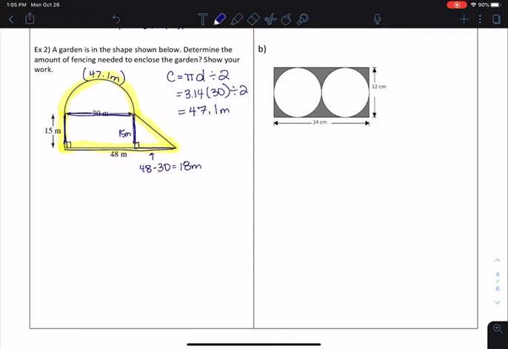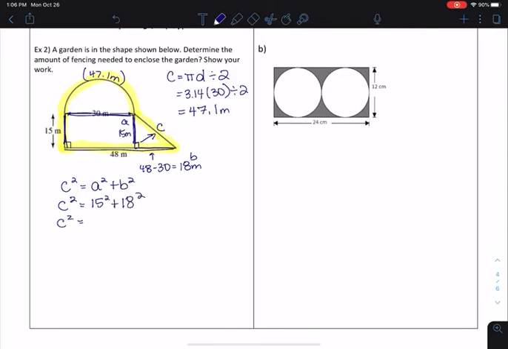So I see a right angle triangle with the hypotenuse missing. I'm going to use my Pythagorean theorem: c squared equals a squared plus b squared. This will be a, this will be b. So c squared is equal to 15 squared plus 18 squared.